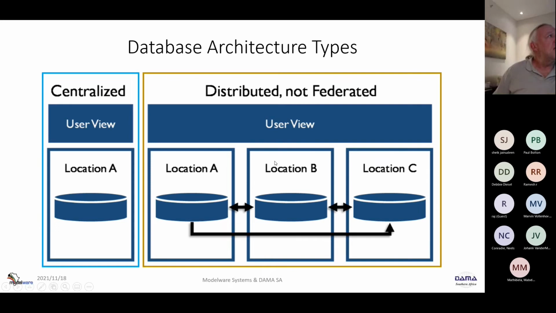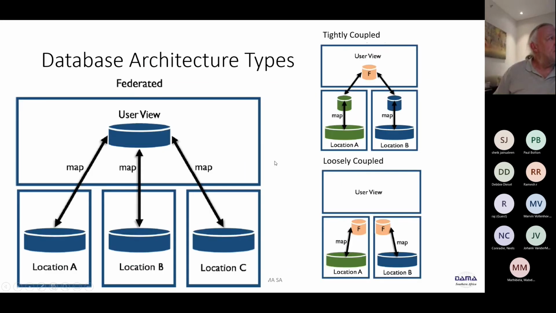Then when we look at our other architecture types, we could have federated, and notice here we've got location A, location B, location C. The simplest example that I provide is, let's say you've got 20 million records and you're looking to improve the performance, and you could have 10 million records sitting here, 5 over here and 5 here, and the user view brings us together.